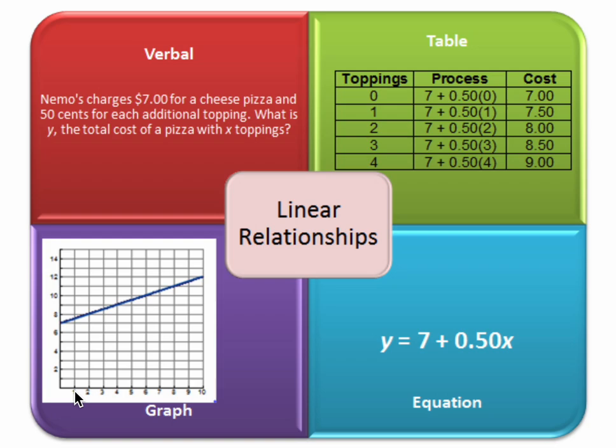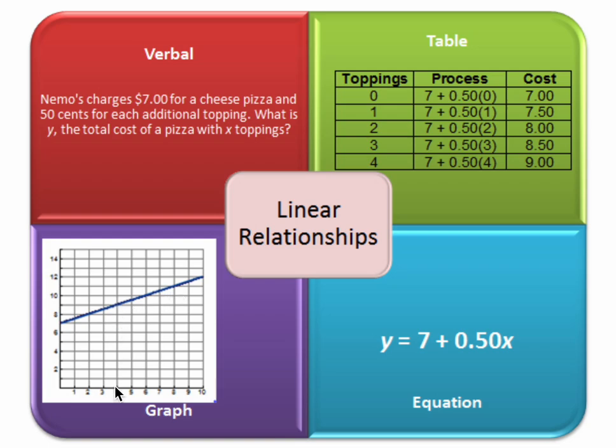Then when x is 1, that means for one topping you should go to 7.5, so (1, 7.5). Then you have (2, 8), then (3, 8.5), then (4, 9). I think 4 toppings is way too much. That's enough, right?